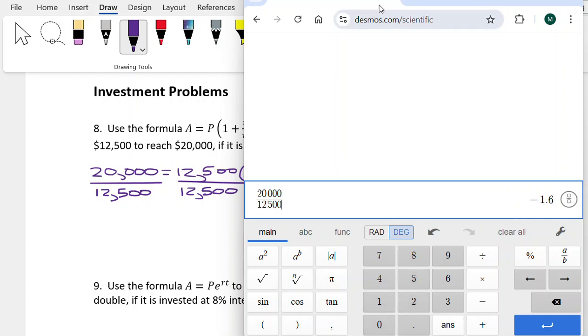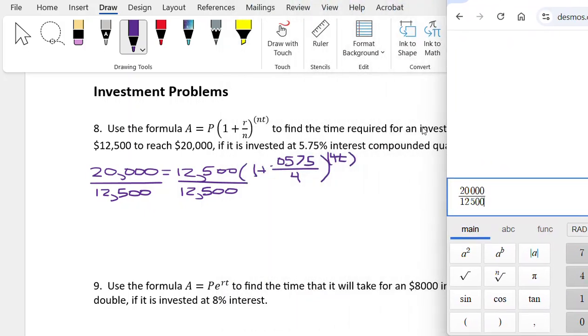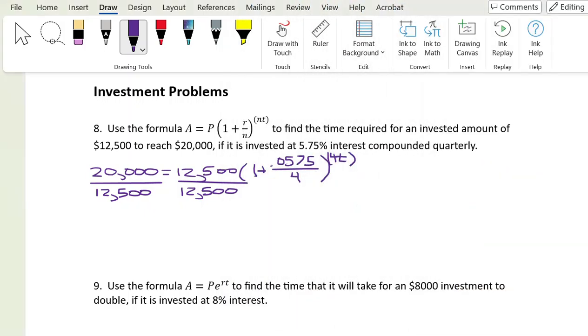We get 1.6. So 1.6 equals 1 plus 0.0575 divided by 4 to the 4t power.